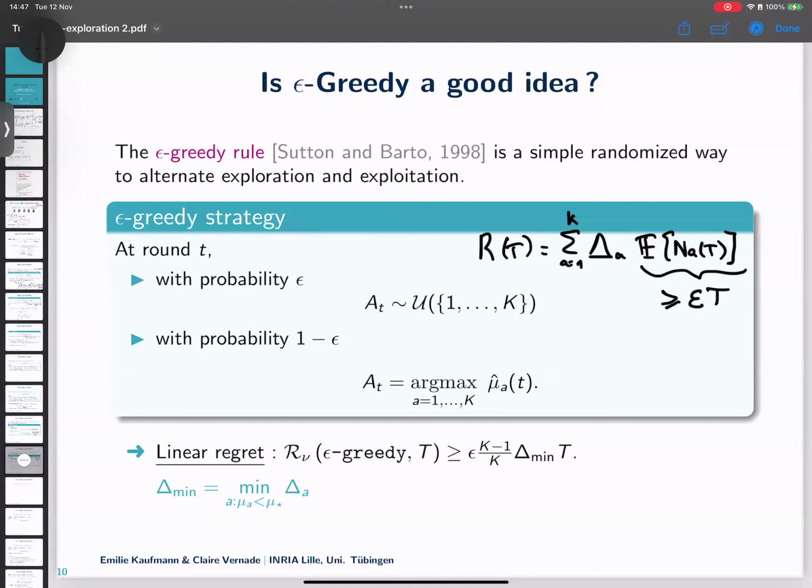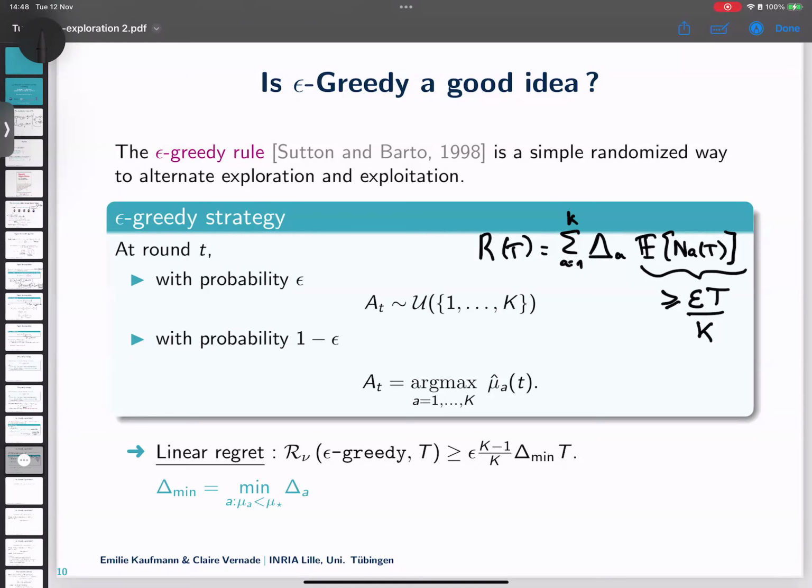At every round, there is a probability epsilon that I explore. And if I explore, I pull arm A with probability 1 over K. It's the uniform strategy. So for all the bad arms, there's a non-zero probability that I explore them until the end of time.